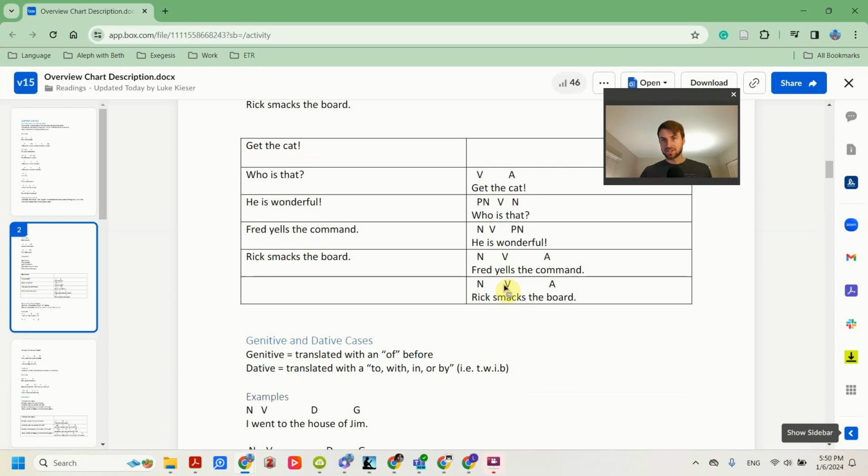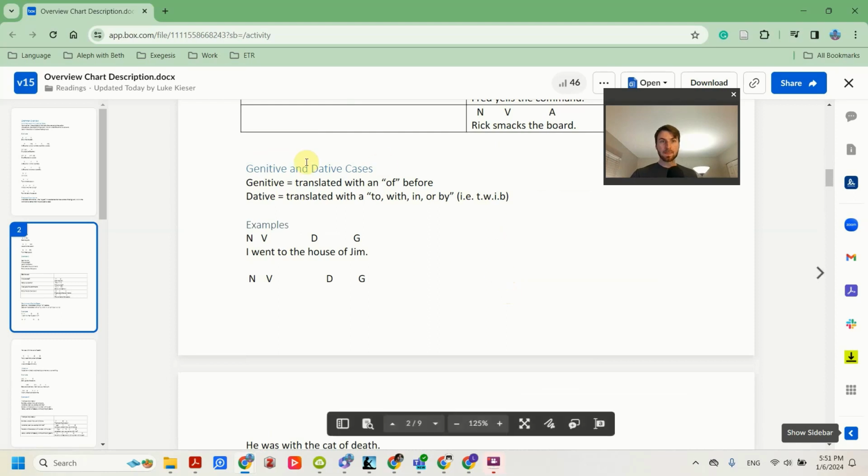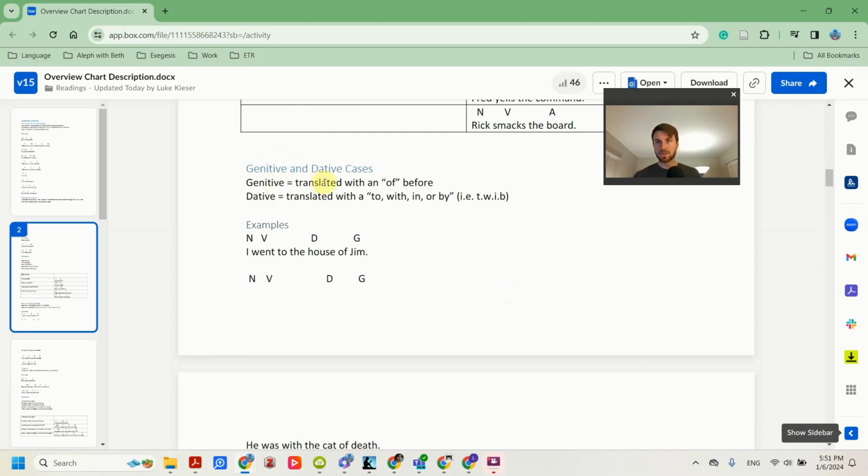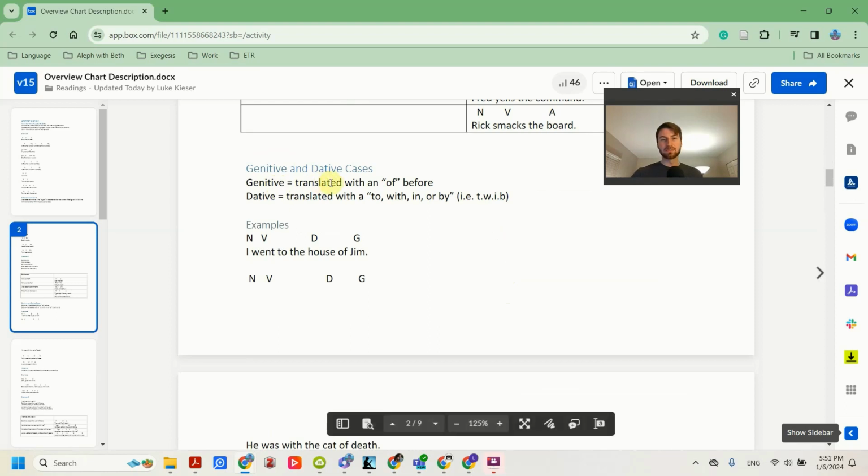So it's nominative and accusative, subject and object, genitive and dative. Genitive generally tells you kind of possession of something, but not always. That's a common use. Basically, you translate it as of before the noun.